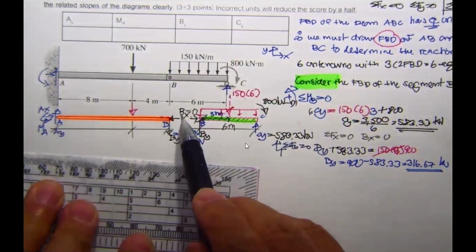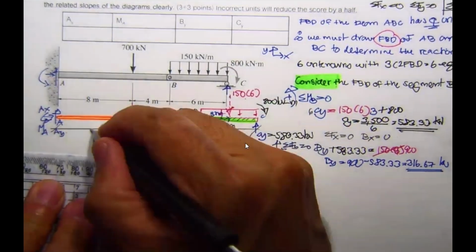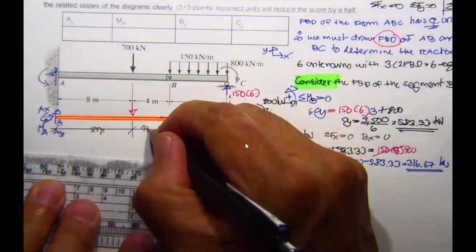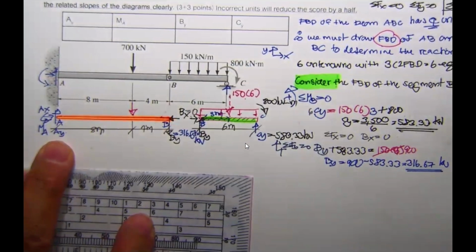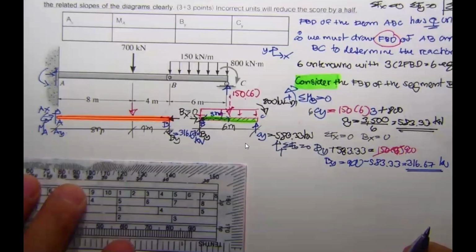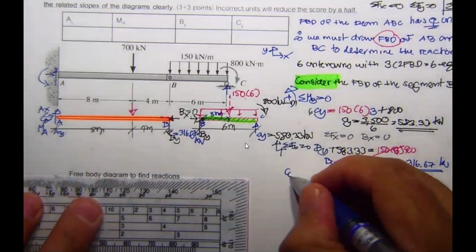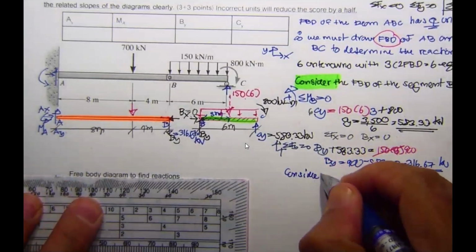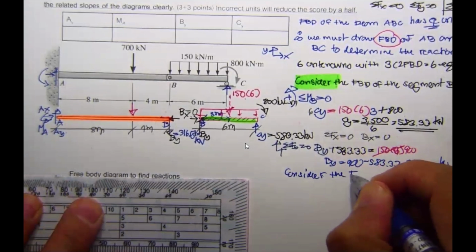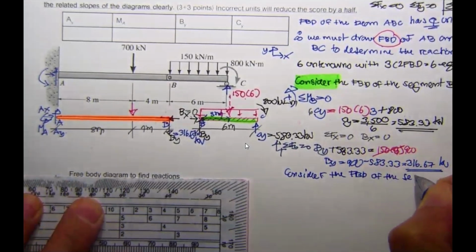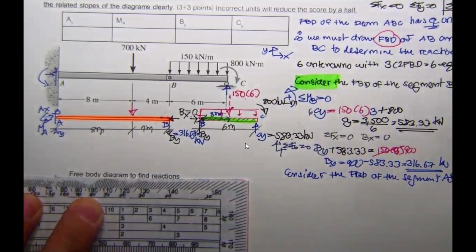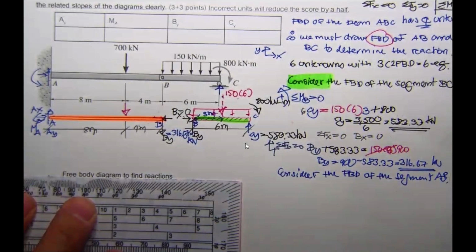This is 8 meters, this is 4 meters. Which equation do you prefer to use first? It's up to you. You may consider the free body diagram of the segment AB.